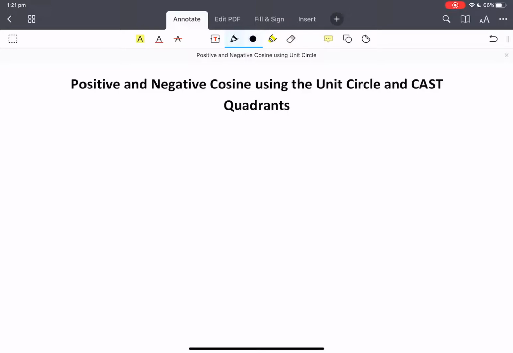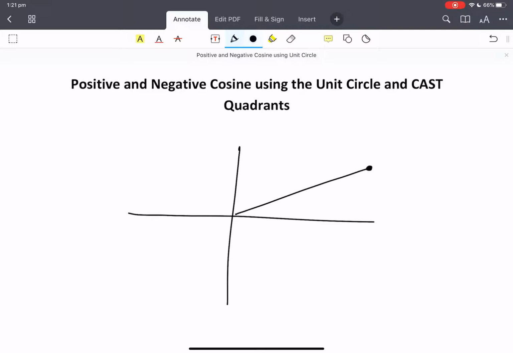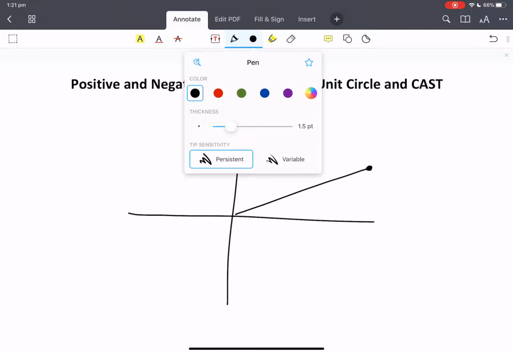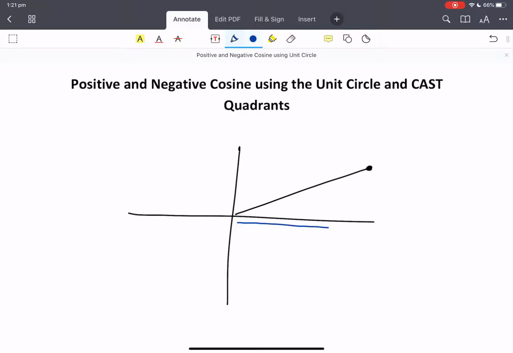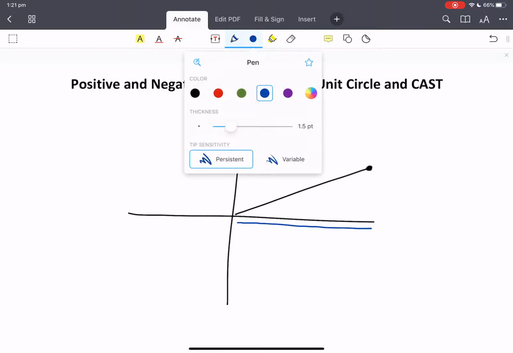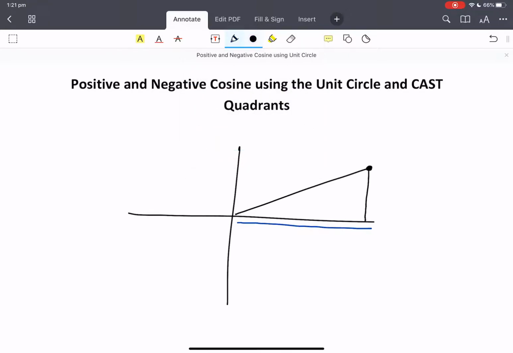Okay. Cosine, we spoke last lesson about this terminal ray, and I was drawing red lines everywhere. This lesson, I'm going to be drawing blue lines everywhere, blue being the x component. So again, if that's 30, you would know that that's 1 and that's root 3.